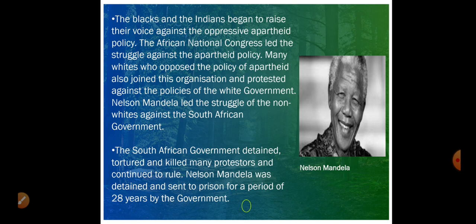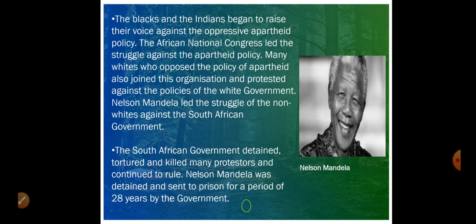Many whites who opposed the policy of apartheid also joined this organization and protested against the policies of the white government. Nelson Mandela led the struggle of the non-whites against the South African government.